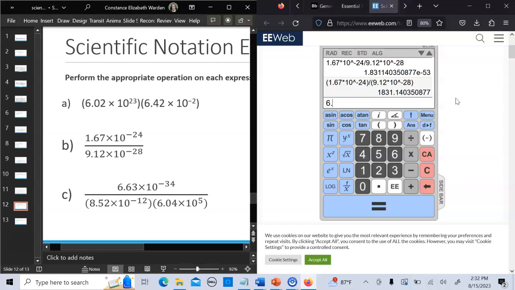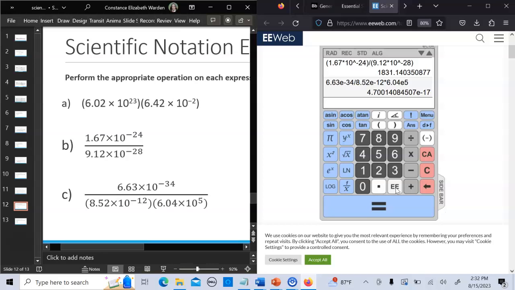So the first way is going to be 6.63, and this time we'll use that double E key, to the negative 34th, divided by 8.52 double E to the negative 12th, times 6.04 double E to the 5th, and press enter.